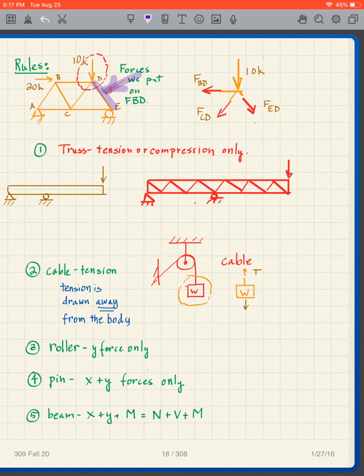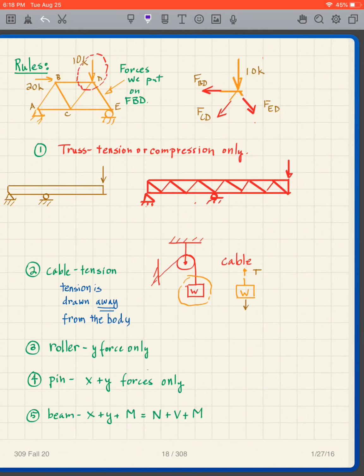A truss member cannot resist bending. A beam can resist bending, and the reason that it can resist bending is that it's basically short and fat and not long and skinny. So that's, in a sense, the definition of a beam, that it's a member that can resist forces perpendicular to its axis. A truss member cannot resist forces perpendicular to its axis. So that means the beam can handle bending, which means that it has a moment, an M component.